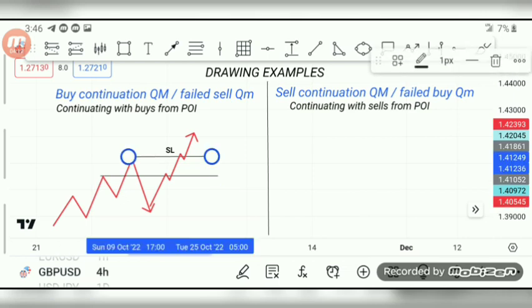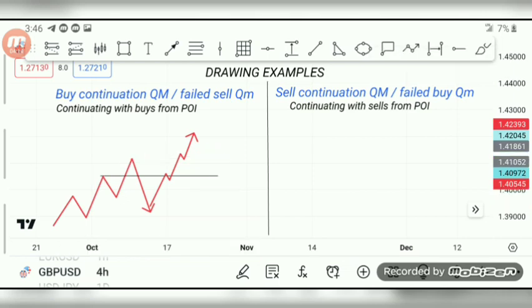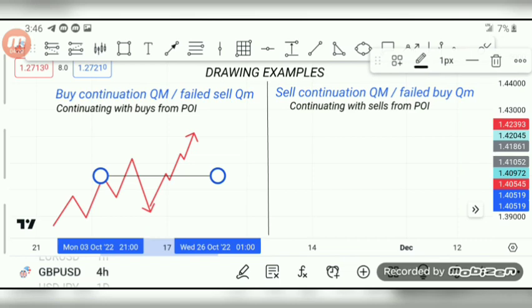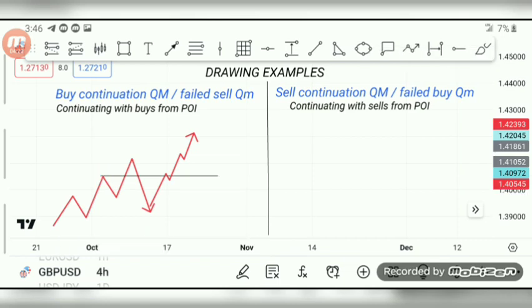What we shall do is we shall get this SL out of the way, just like that. Then we maintain our line from the previous higher high, but now we are going to be looking at that as our buy zone.